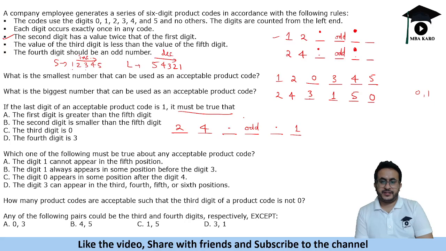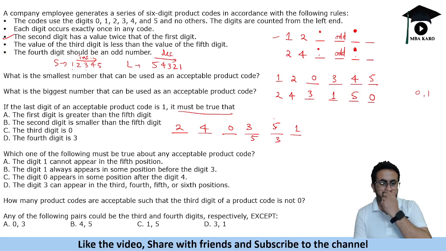So we are left with 3. If we put 3 here, we have to have 0 and 5, so not possible. We cannot put 5 here because this has to be greater, so we have to put 0 here. Then we can have 3, 5 or 5, 3.